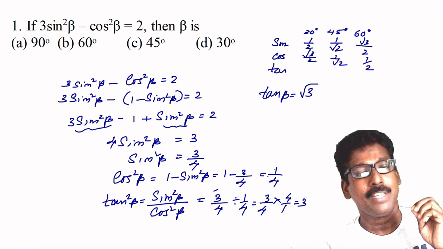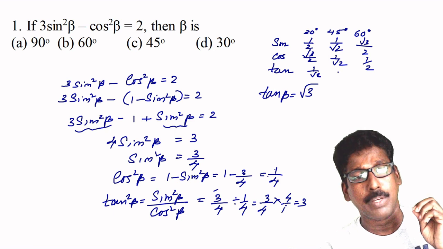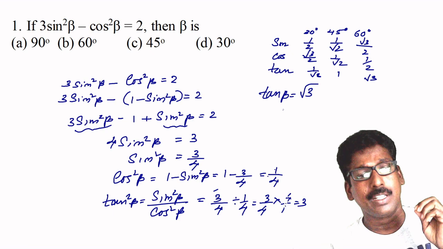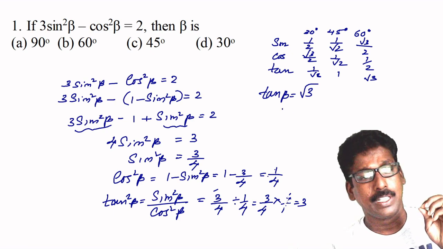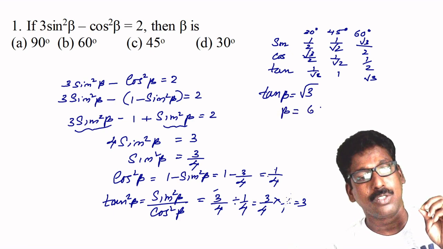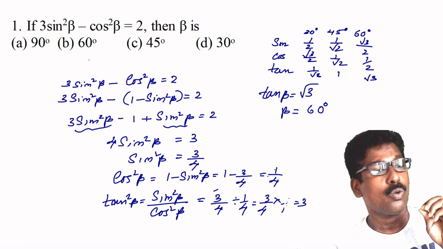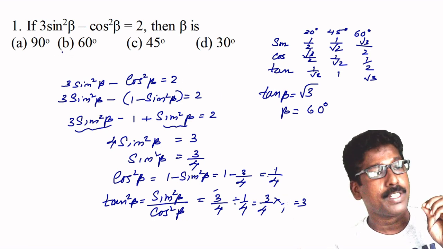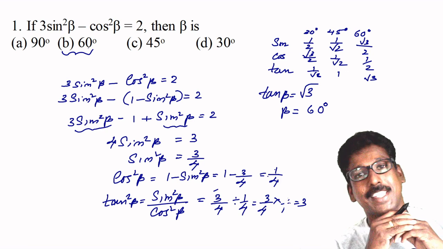So tan will be, you take the numerator only: 1 by root 3, 1 by 1, root 3 by 1. So here tan 60 degrees is root 3. Therefore, beta is equal to 60 degree. So the correct option is B, 60 degree.